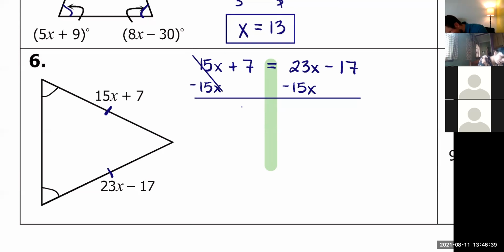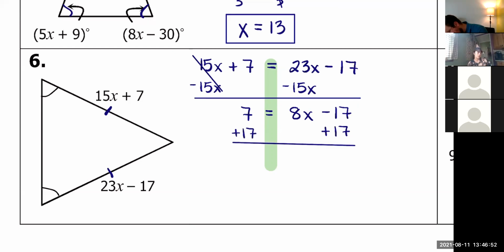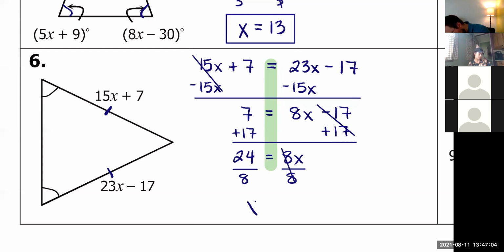I believe that gives me 7 equals 8x minus 17. Add 17 to both sides. I get 24 equals 8x. Divide both sides by 8. Should get x equals 3.